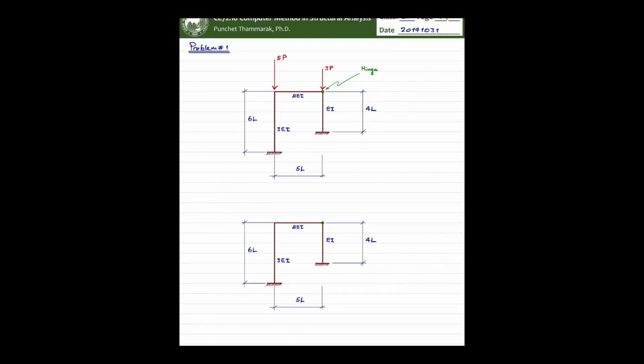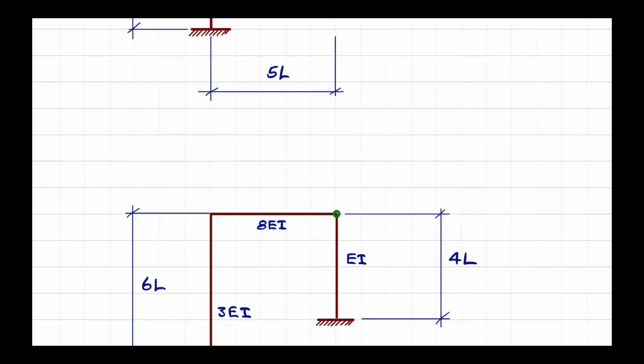So let's make problem number 2 just identical to problem number 1 in the structure, okay? But the difference will be the load. So we will apply the load in a different manner. Just make it a distributed load.